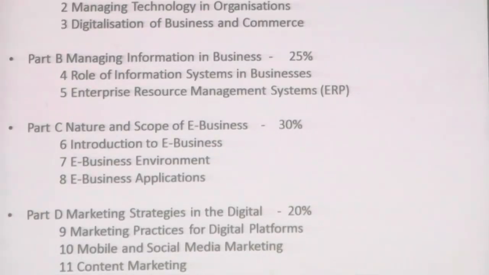I think you can summarize in your mind what these 4 parts are, especially part C, the nature and scope of e-business, which has 30%. They have given more weightage to that. Managing information in business also has 20%. The other 2 parts are 20% each.